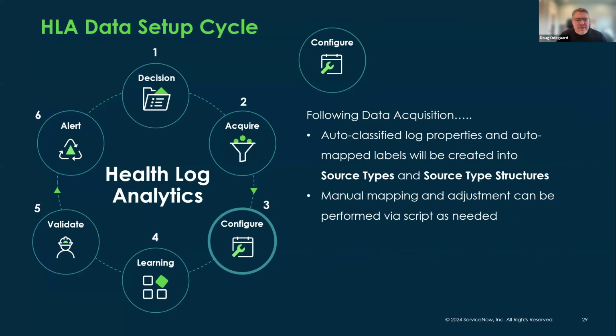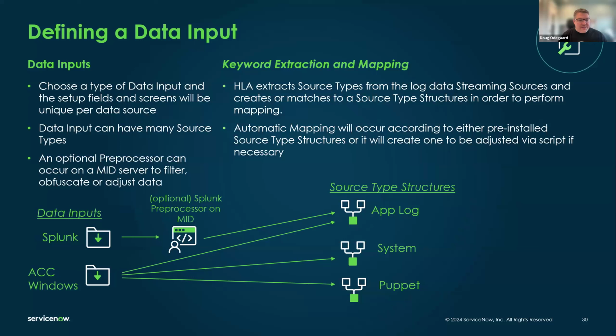So then the next part is configure. Once we have data coming into the system, HLA has many different mechanisms that will then take a look at the data and break those into what we call source types and source type structures. And some manual mapping or adjustment may be necessary.